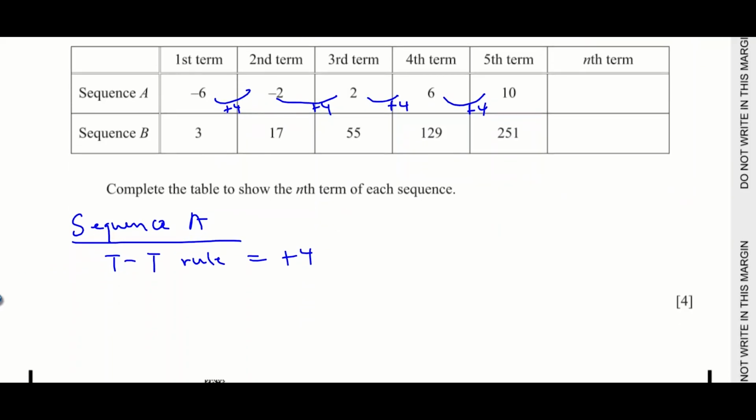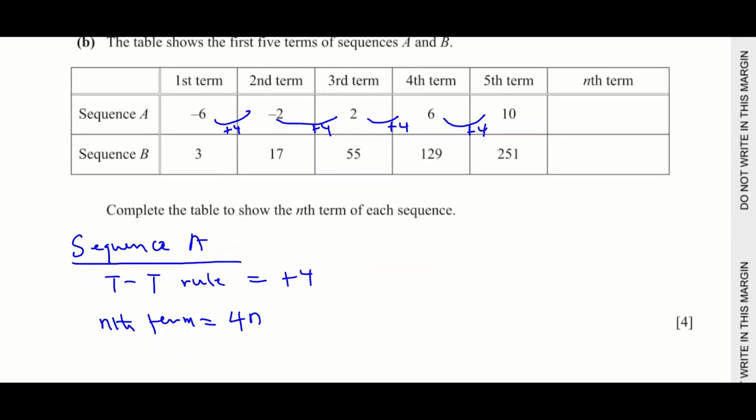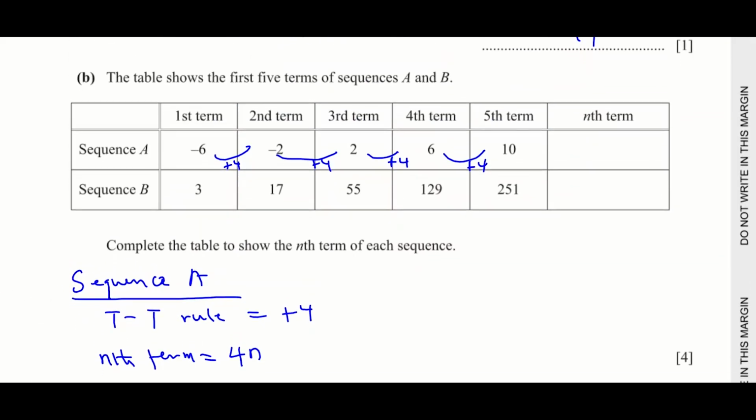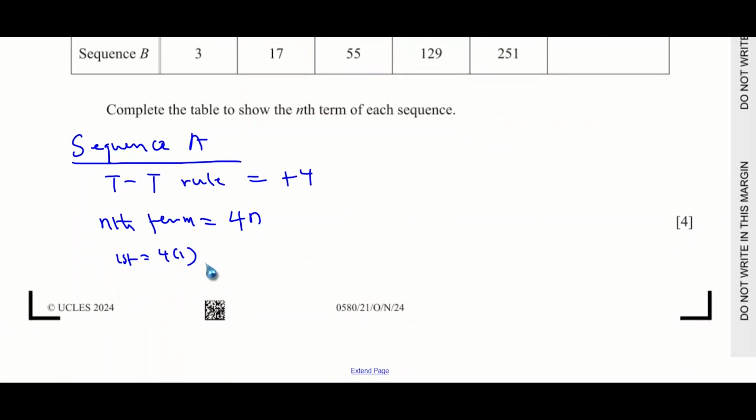So from there, let's assume that the nth term is equals to 4 times n. So let's test with the first term when n is equals to 1. So the first term will be equals to 4 into 1, that will be 4, but we should get negative 6. So what are we going to add to 4 to get negative 6?